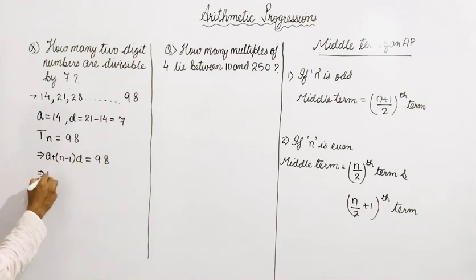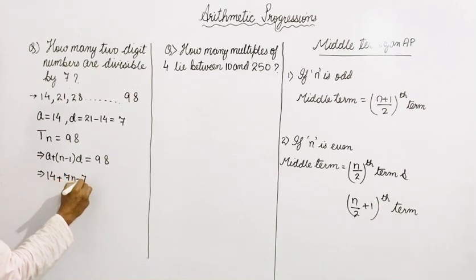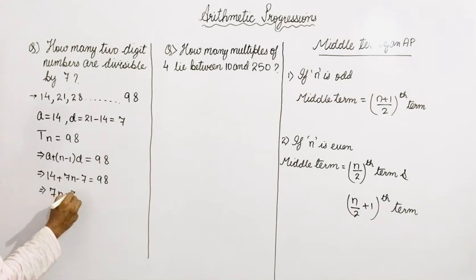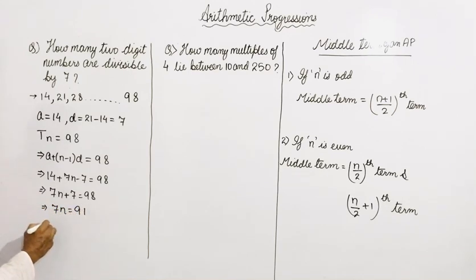What is the value of a? 14. What is the value of d? 7. 7n minus 7 equals 98. So 7n plus 7 equals 98, so 7n equals 91, n equals 91 by 7, you can say it is 13.